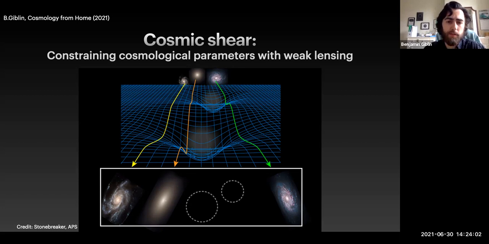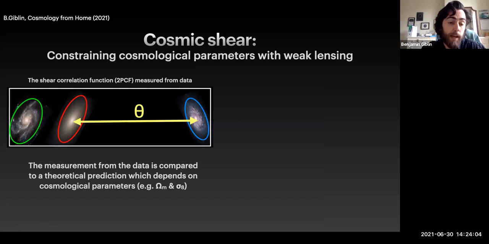But how do we quantify that? So typically the way this is quantified is using a statistic called the 2-point shear correlation function. This consists of measuring the ellipticities of the tens of millions of galaxies in the data set and measuring the correlations in those galaxy ellipticities as a function of their angular separation theta.